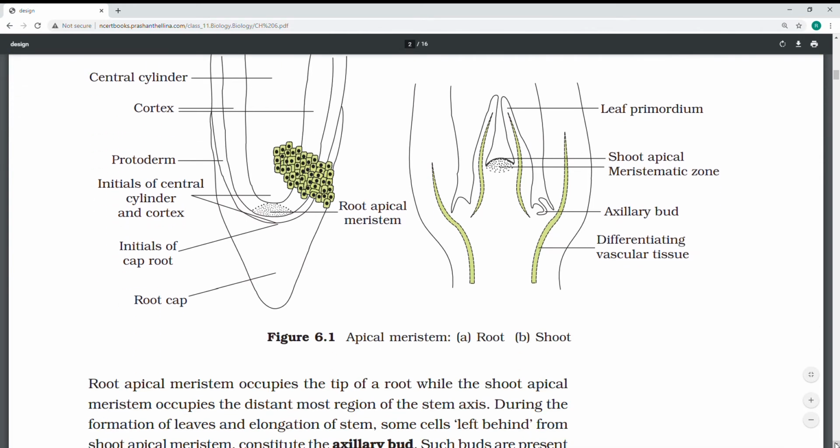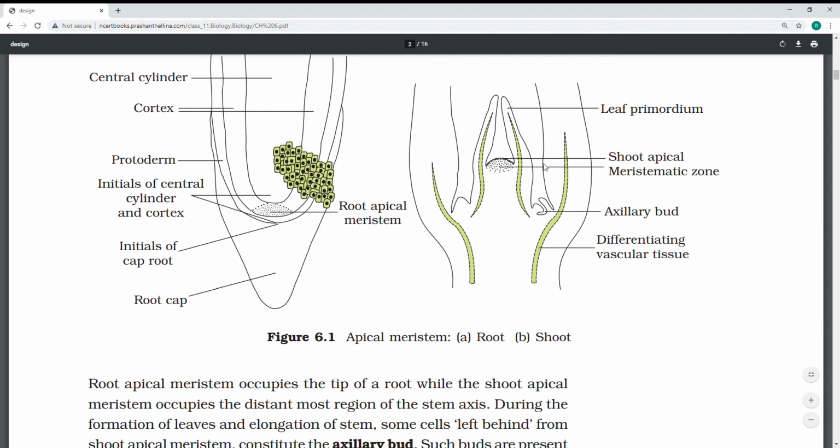The diagram of the apical root is the root tip we have discussed already, where they have given some tissues. It is the internal structure, with a single cell and nucleus; you see the root apical meristem. And this is the apical bud.